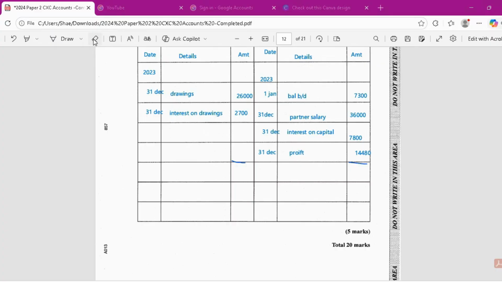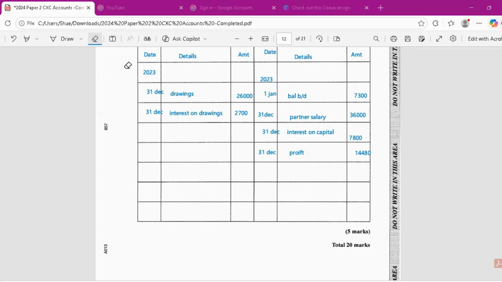Alright, you can see I have to remove my lines now, which is okay. Alright, so you should get 65,580.